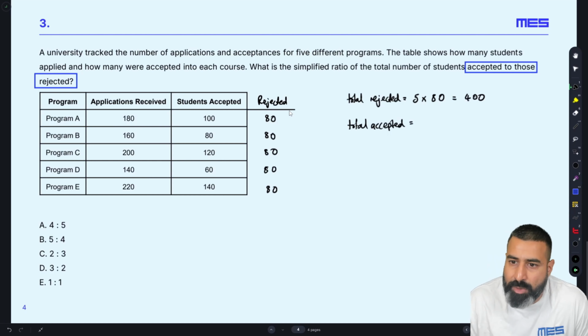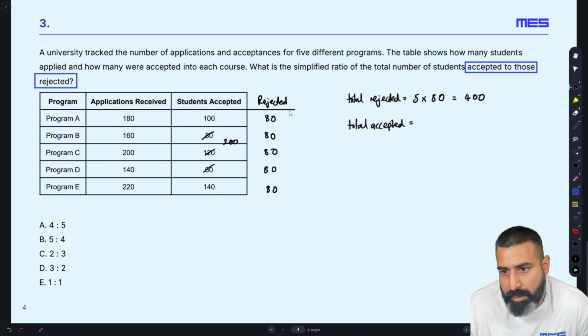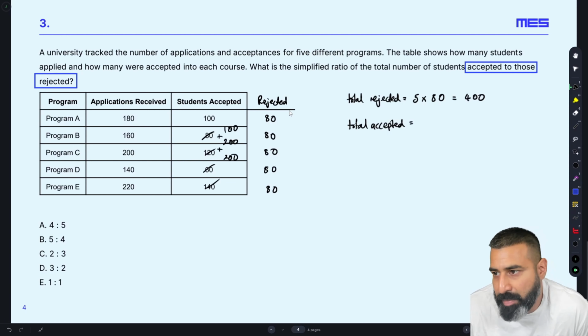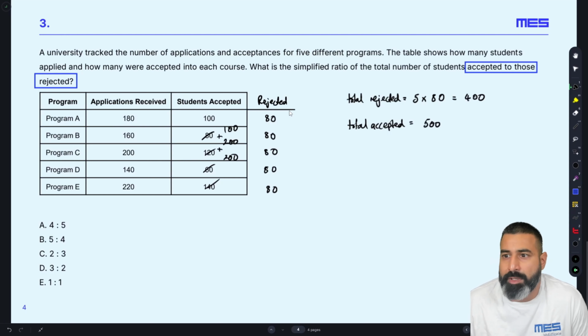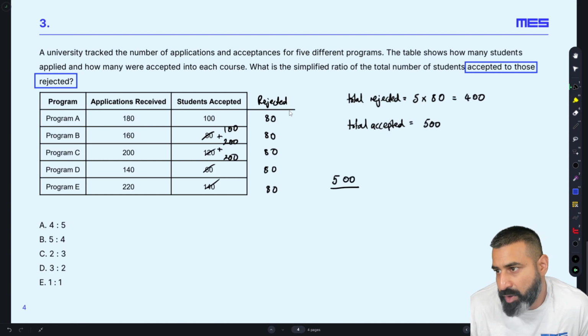Okay, so now let's have a look at total accepted. If you have a look at total accepted, that's 200. That's another 200, and that's 100. So total accepted, if you add all of these up, is 500. So what's the simplified ratio of total accepted, which is 500, to total rejected, which is 400?